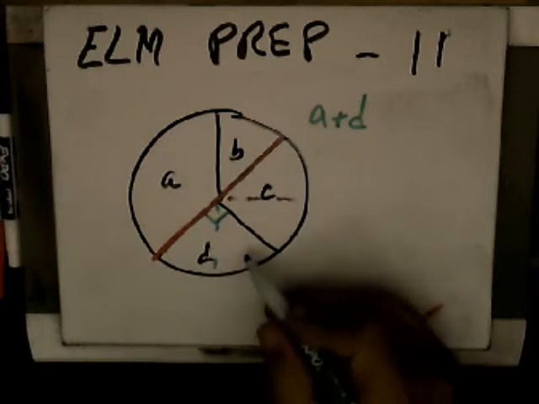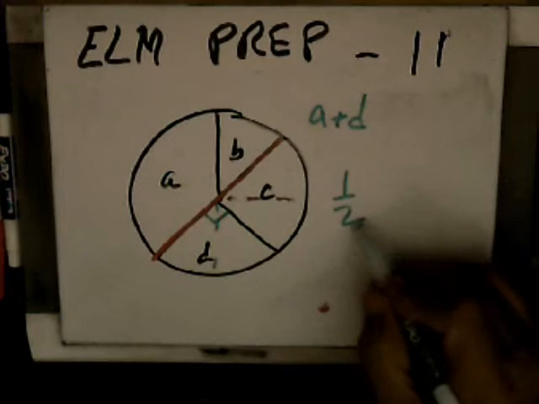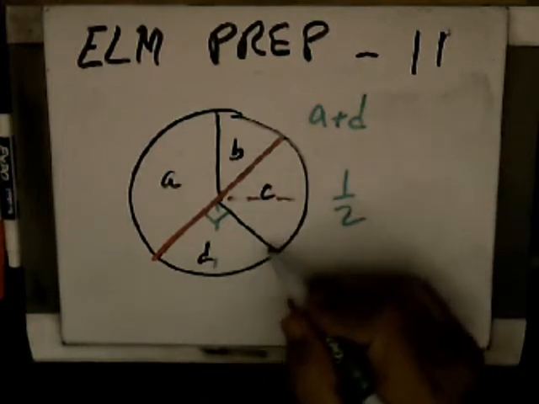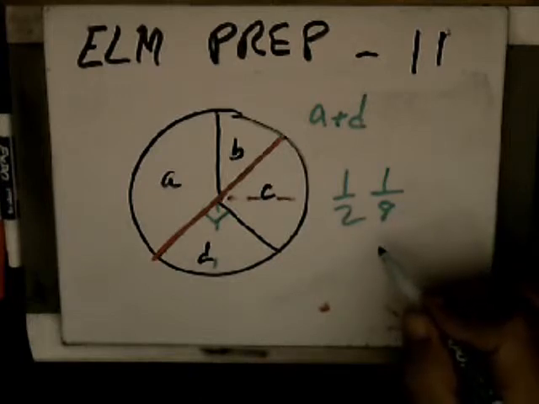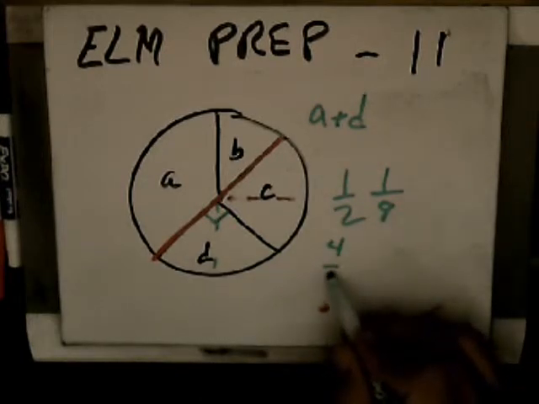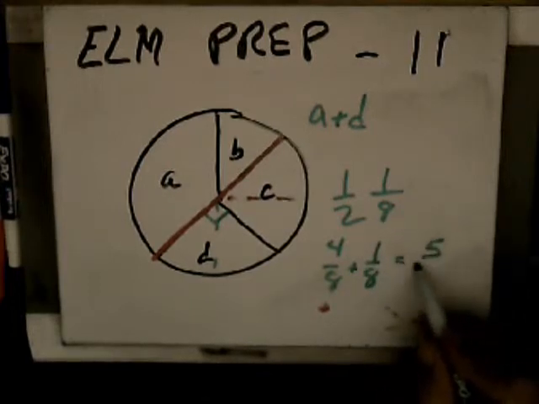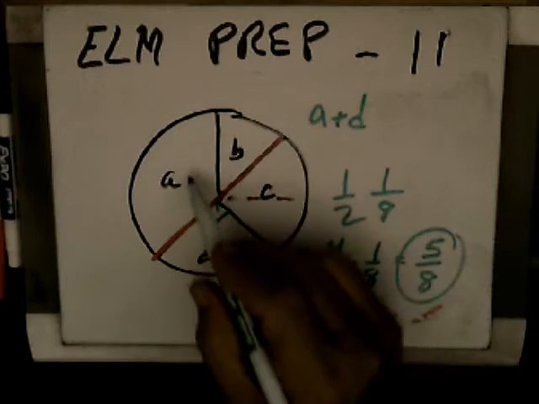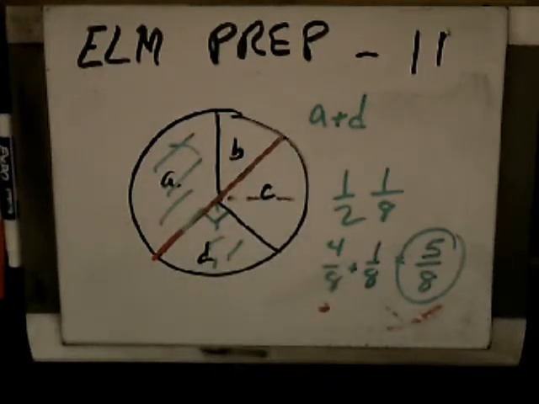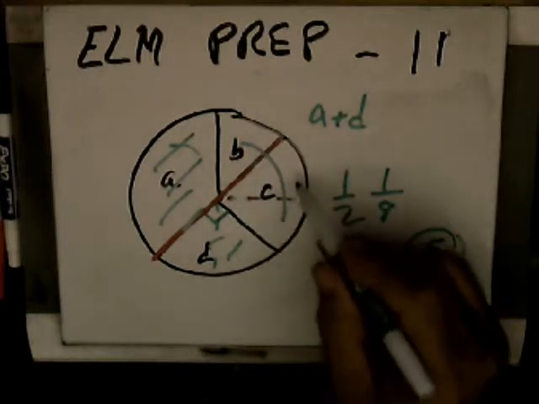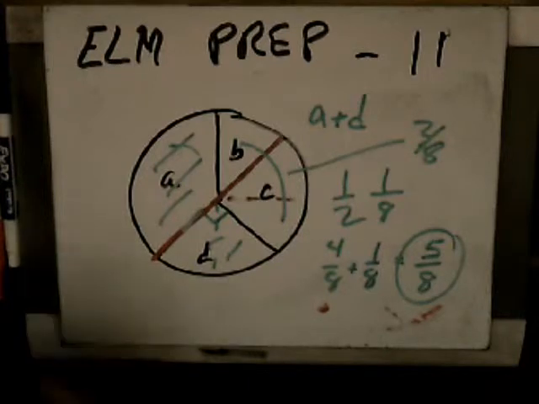We know it's more than half, but it's not 3/4. So here again, I have 1/2 plus maybe half of a quarter. So that's 1/8. So this would be 4/8 plus 1/8 for a total of 5/8 of the total. It goes along with our estimate here of 3/8. When we put them together, we get 8/8 for 100%.